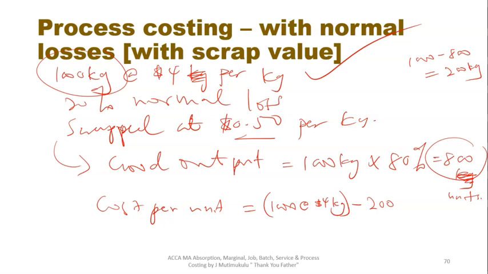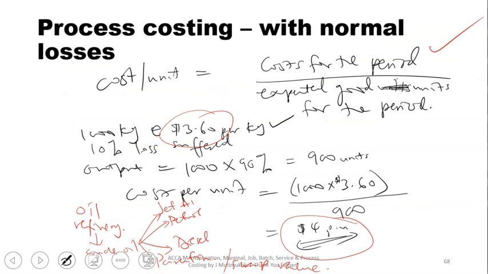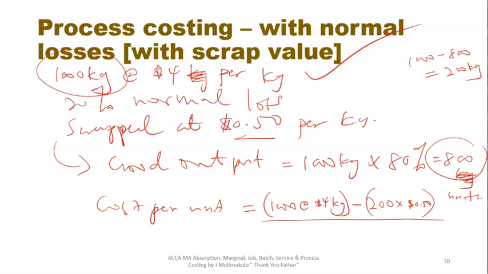So we multiply by 0.50, over the good output from the formula, expected good units of 800 units.